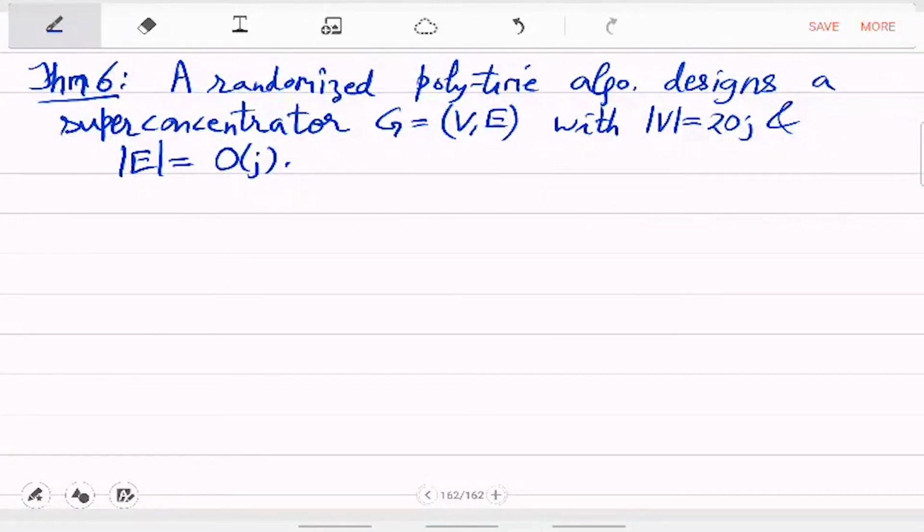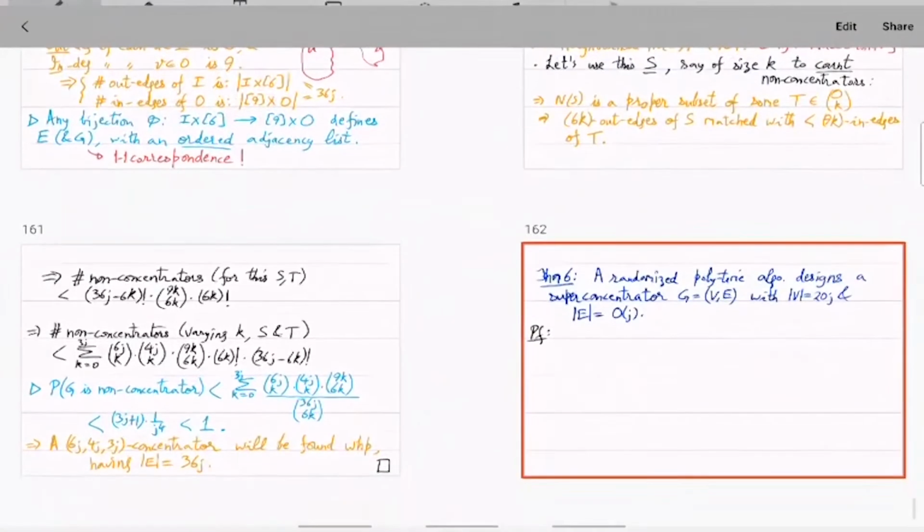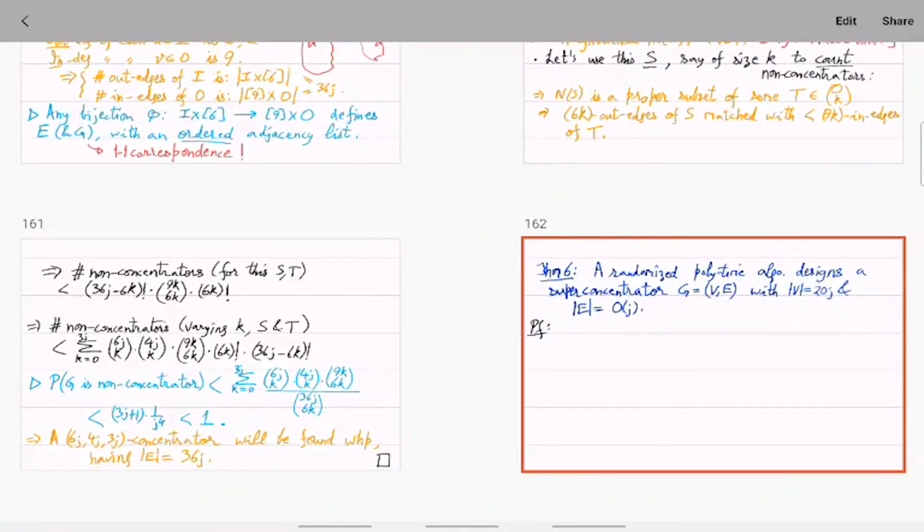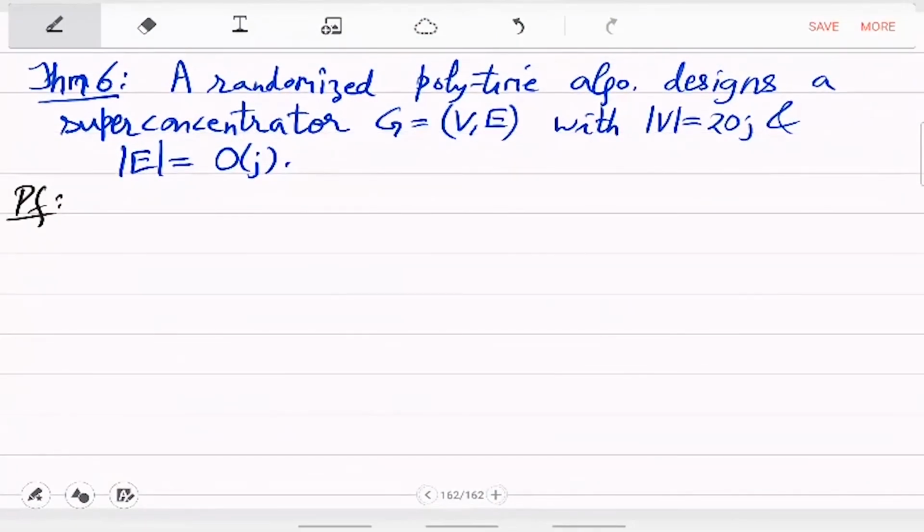So this you can now use a concentrator to build. This is not very hard. Once you have a concentrator, you can use 2 concentrators to get to this. So this is how we'll build it.